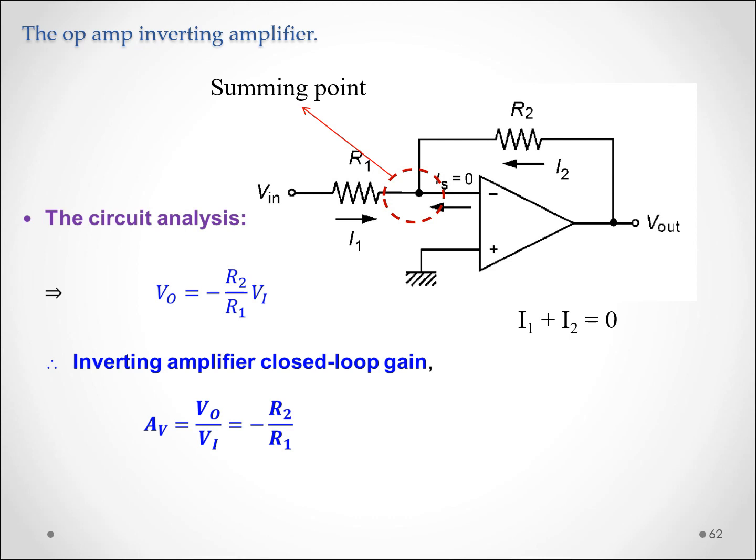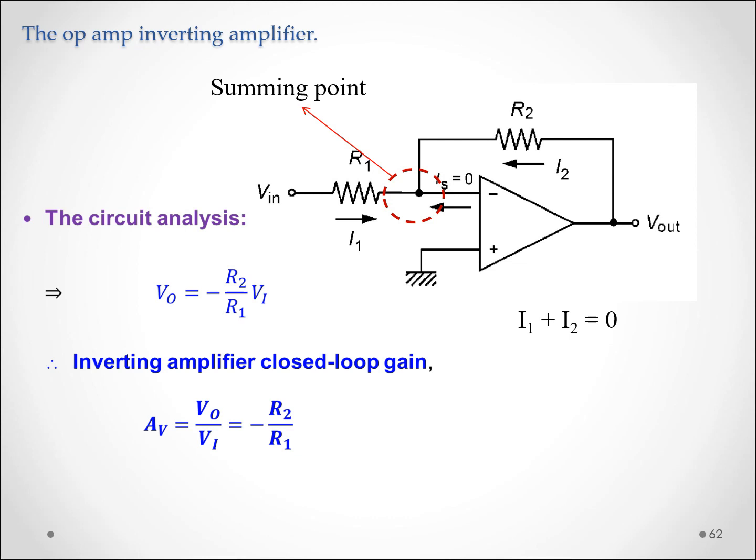If we do the circuit analysis, we can come up with this relationship, where V out is equal to negative R2 over R1 times V1, and the inverting amplifier closed loop gain AV, which is equal to V out over V in, is equal to negative R2 over R1. In this setup, I1 plus I2 will be equal to 0.